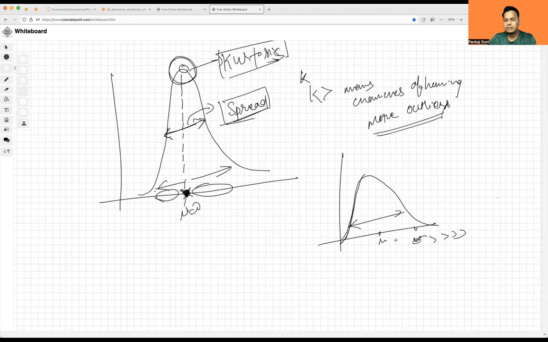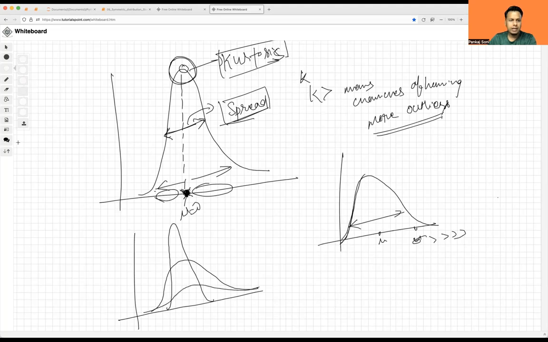It is super high. Okay, so similarly, if I plot variations on this particular kurtosis part, let's say we have a very high peak, and there's another graph with a very low peak, and there's another graph with this kind of peak. Let me take another color and show you guys.